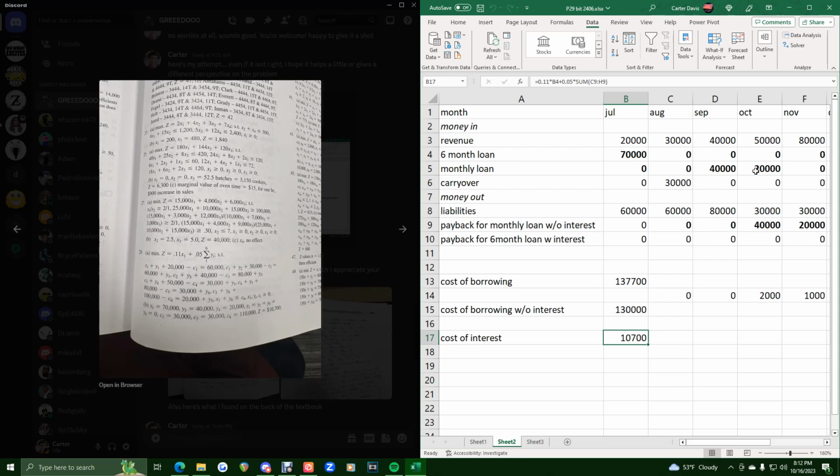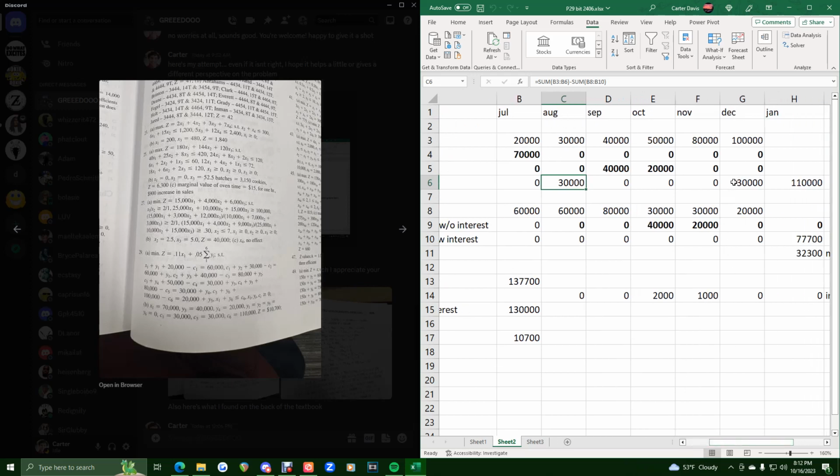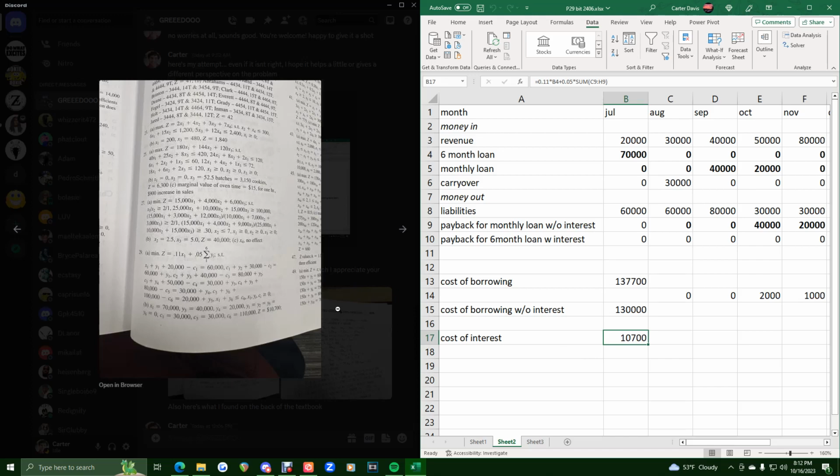The other Y monthly loans were equal to 0. C1 was 30,000. Keep in mind, the first carryover is from July to August. August to September is the second carryover. Then the 5th carryover was 30,000. The last carryover was 110,000. Minimum interest was 10,700.